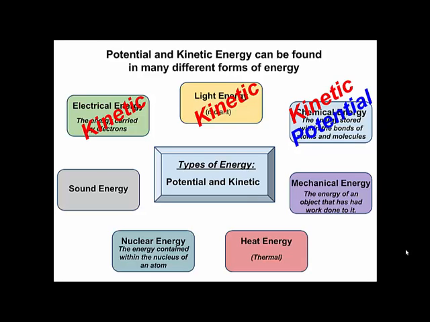The kinetic energy is because there's energy moving in there, but the potential energy is because when the bonds are together, the energy is being stored in there. When the bonds break, in a chemical reaction, that energy is released, which is kinetic energy.